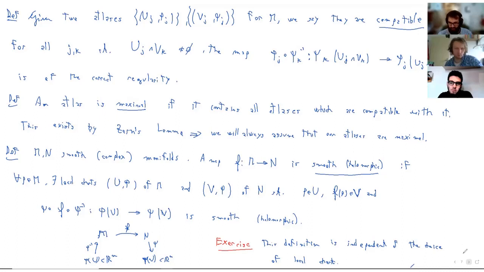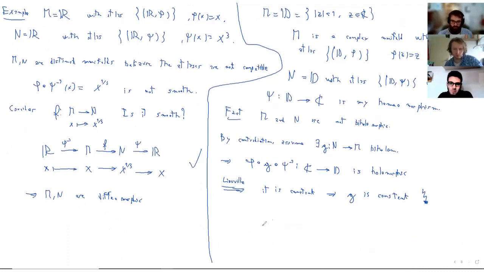So if you look at it here, we have M here, N here. Forget that this is really the disk. And sorry, the opposite, N to M, this is N to M, G. And here we have our psi, which goes to C, correct?